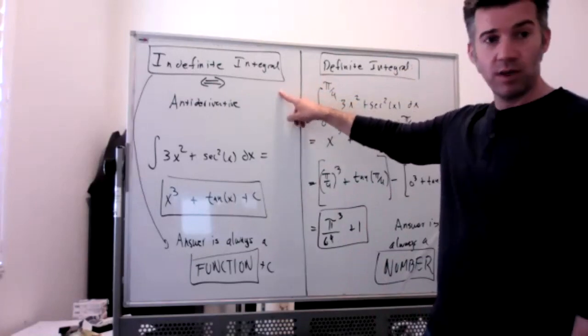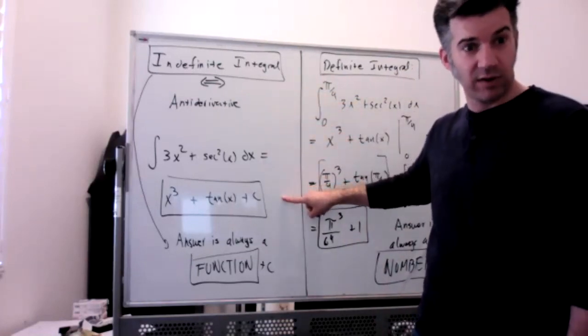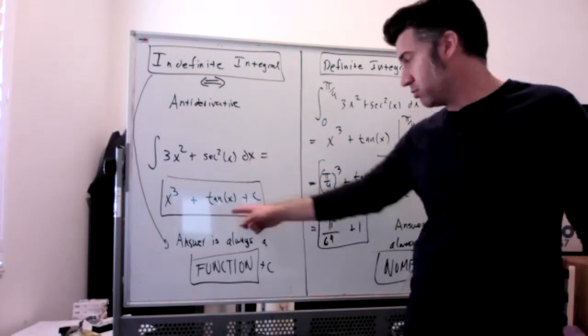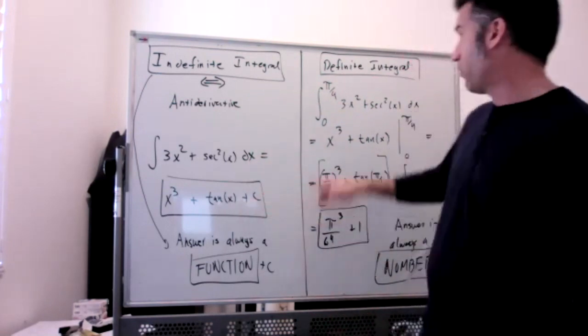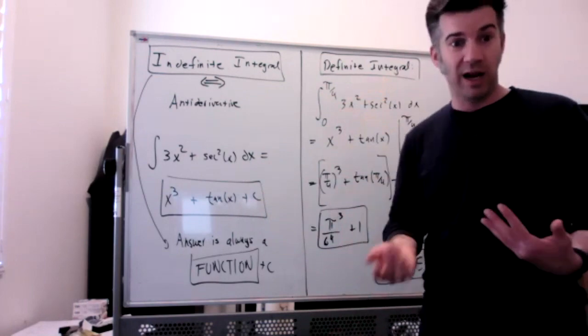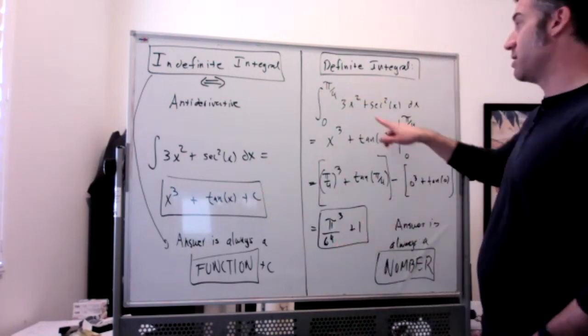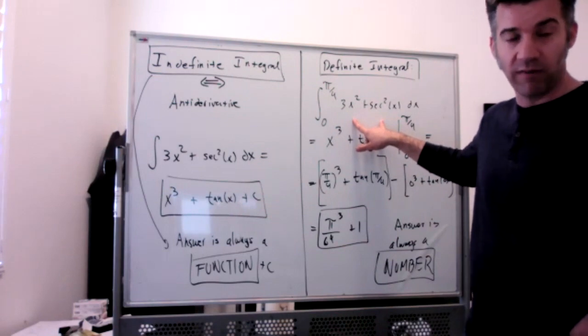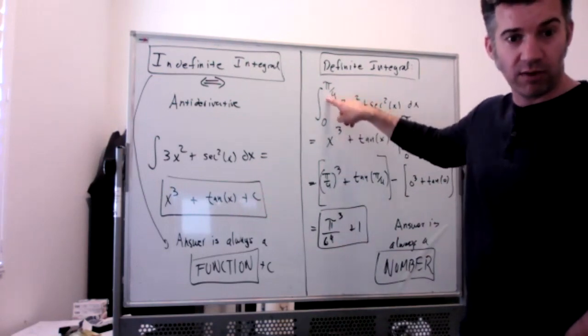Indefinite integral, you get a function, which is the antiderivative of whatever is inside your integral, and you're done. You get a function, slap on a plus c. For a definite integral, you're calculating an area. Here, we're calculating the net area under the curve 3x squared plus secant squared of x between 0 and pi over 4.